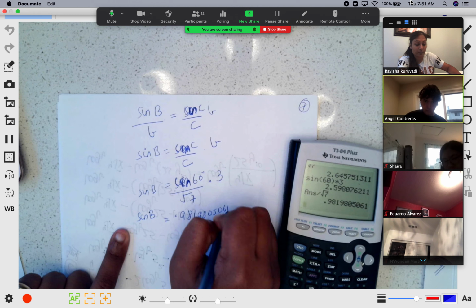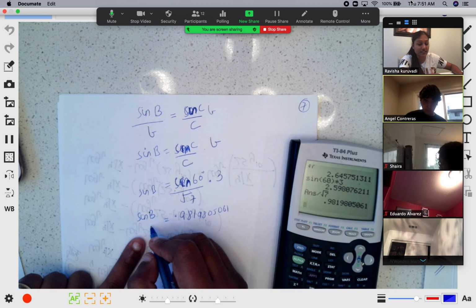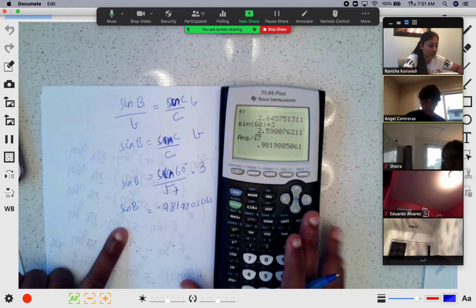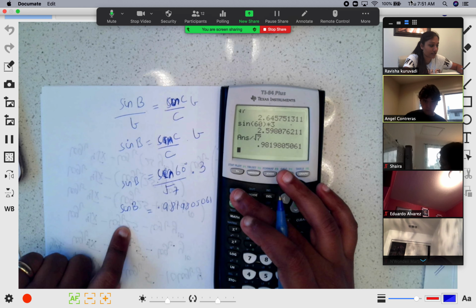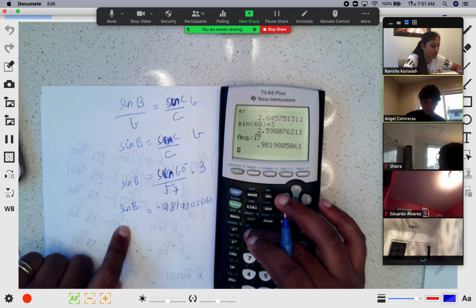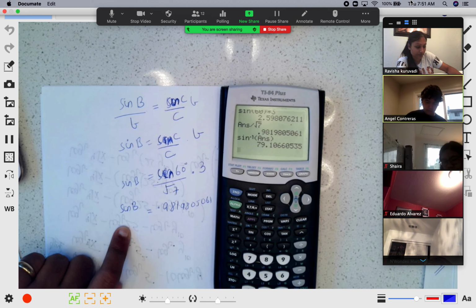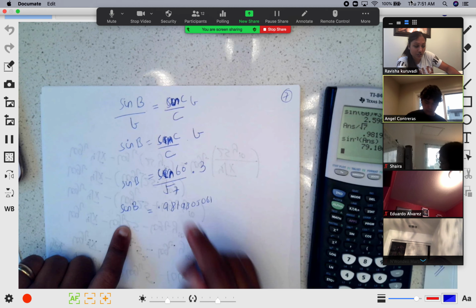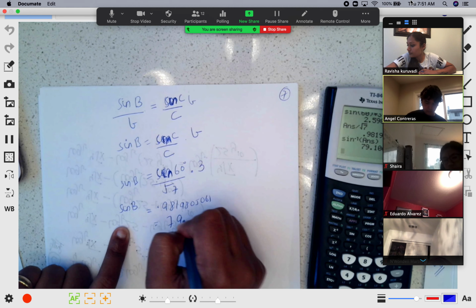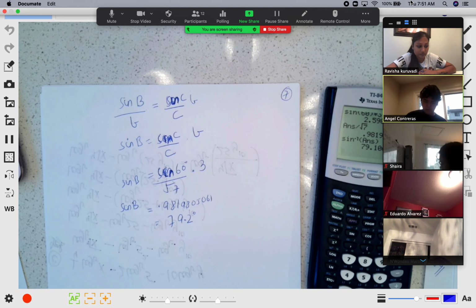But I need to find b. How do you find b? Take the sine inverse of this thing. Press second, sine, and then press your second answer. You got 79.1, or 79.2 degrees. So you found your b as 79.2 degrees.